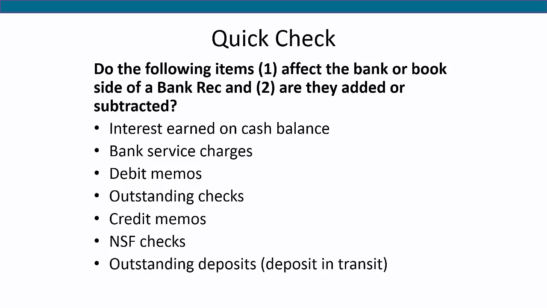And the bank doesn't even know they exist. So does it make sense that outstanding checks are reconciling items the company knows about, but the bank doesn't? We must deduct them from the bank statement balance on the bank side of the reconciliation. No adjusting entry is required because we have already reduced our general ledger cash account when we wrote the checks.